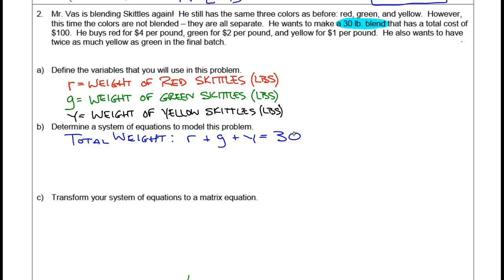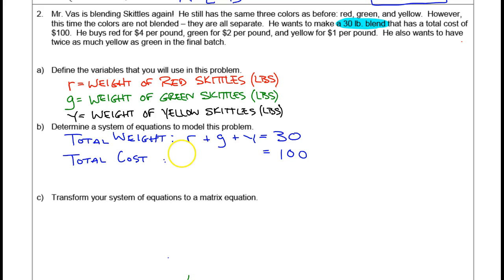The second thing we know is what we want the total cost to be. We want the total cost to be $100. Well, in order to get the total cost, we need to multiply the weight of each color by its associated cost.